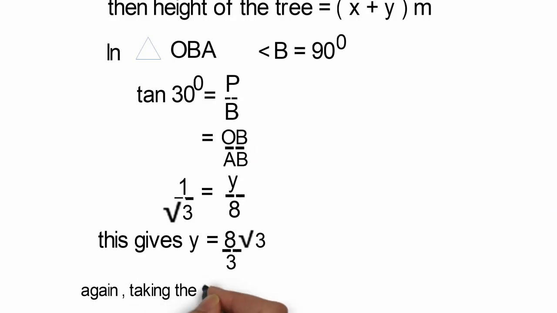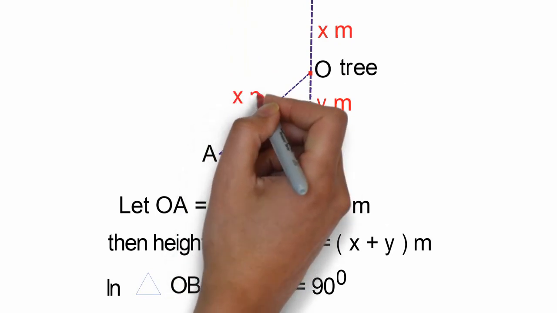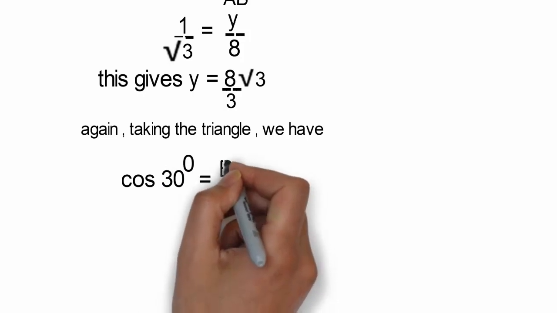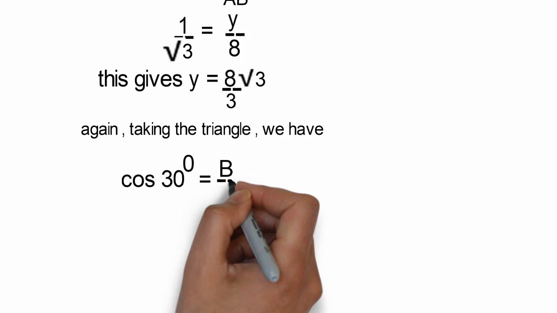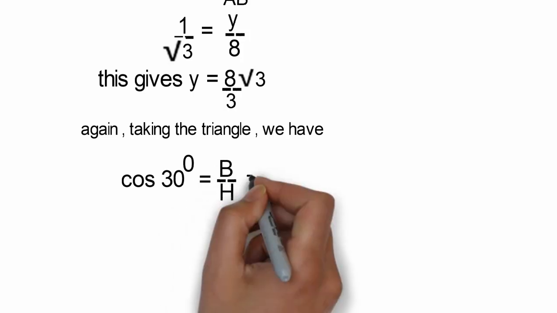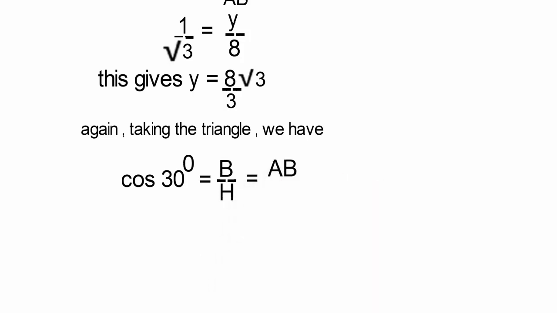Again taking the triangle, we're going to find the value of X. Now we're going to take the trigonometric ratio cos 30 degrees because we have to find the value of X, which is the hypotenuse. So this is base upon hypotenuse. The base according to the triangle is AB and the hypotenuse is OA.